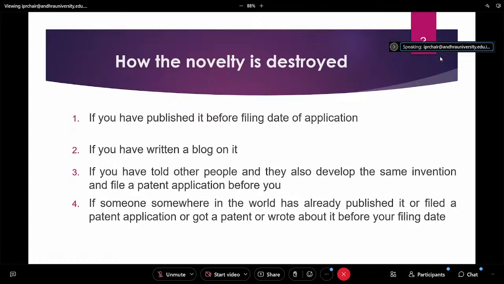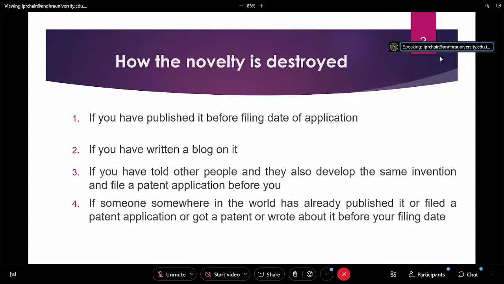So you understand, whatever is there in the public forum will destroy your novelty. So if you are sitting here doing something, and if somebody is sitting on the mountains of Peru doing the same thing, and that guy is filing the patent application, still your novelty is lost. So novelty will be judged worldwide. Whatever is there in the world, it will be done based on worldwide.